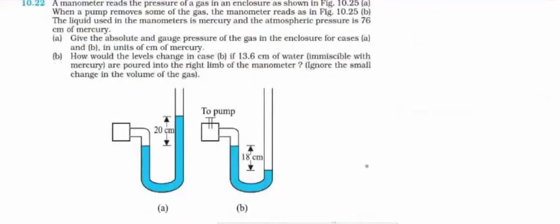Question 22. Diagrams are given. Both are manometers, and we need to give the absolute and gauge pressure of the gas in the enclosure for cases A and B in units of centimeter of mercury. Remember, atmospheric pressure P_A is equal to H rho g, where H is the height of the mercury in the manometer, that is 76.